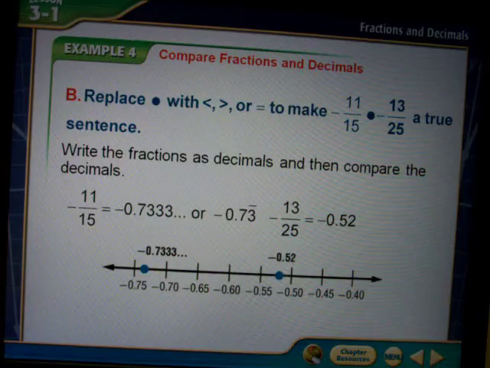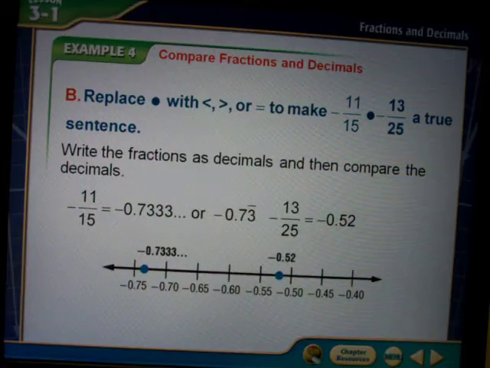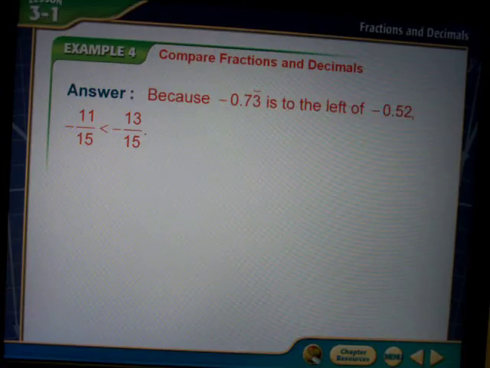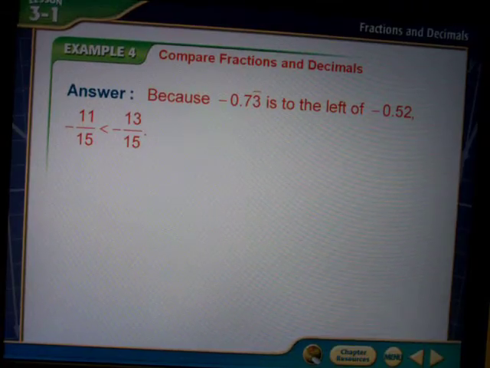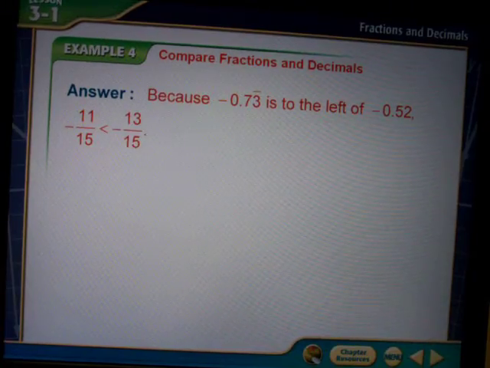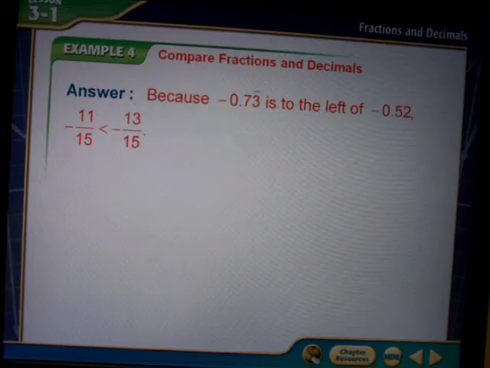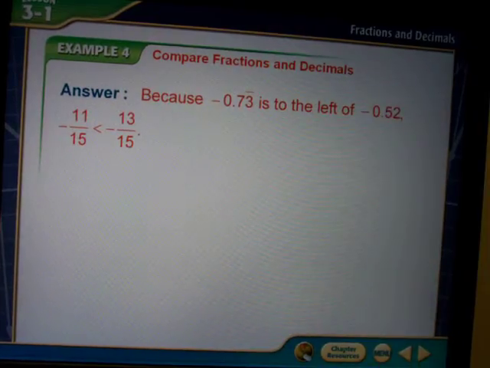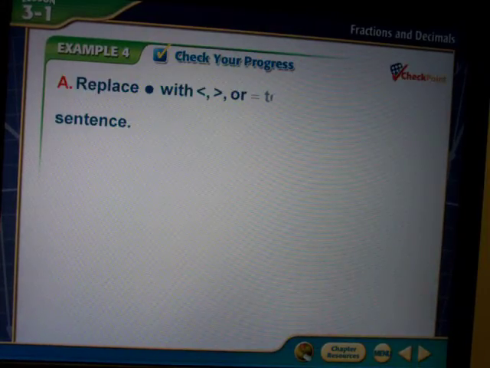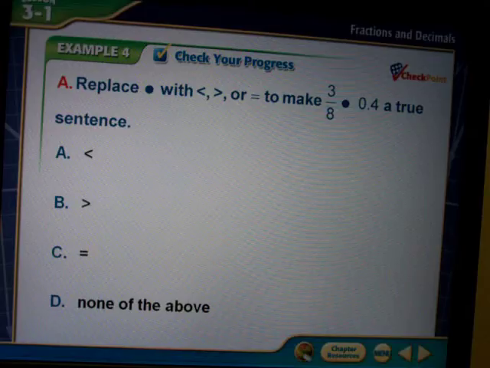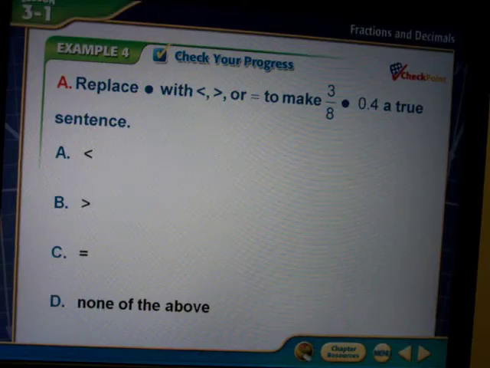Because remember, with your negatives, the farther away they are from 0, the smaller they are. And so we can say that 11/15 is less than negative 13/15. I think it's supposed to be negative 13/25. They typed in that answer wrong. The comparison symbol's right, it's just the fraction they wrote was wrong.